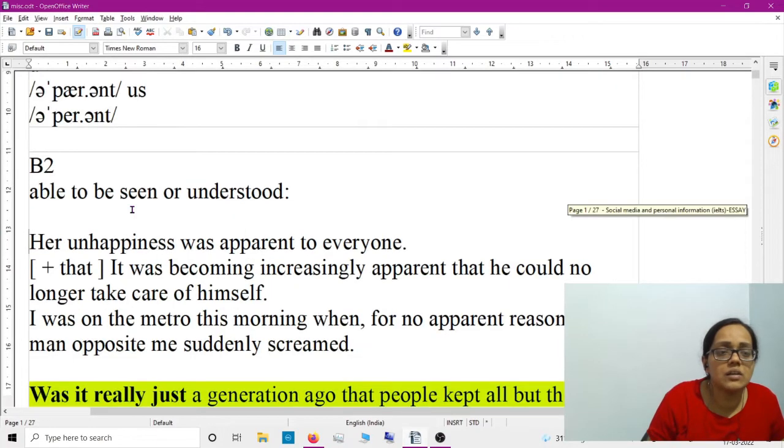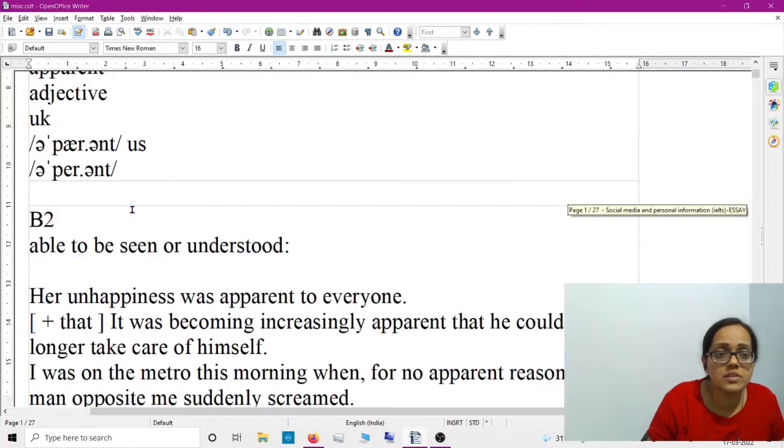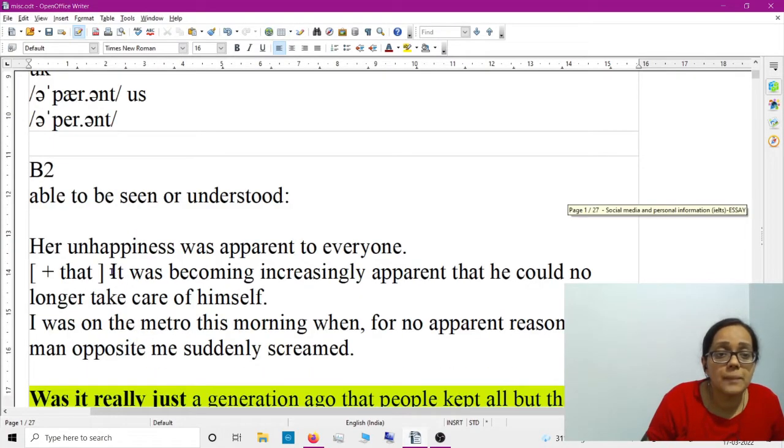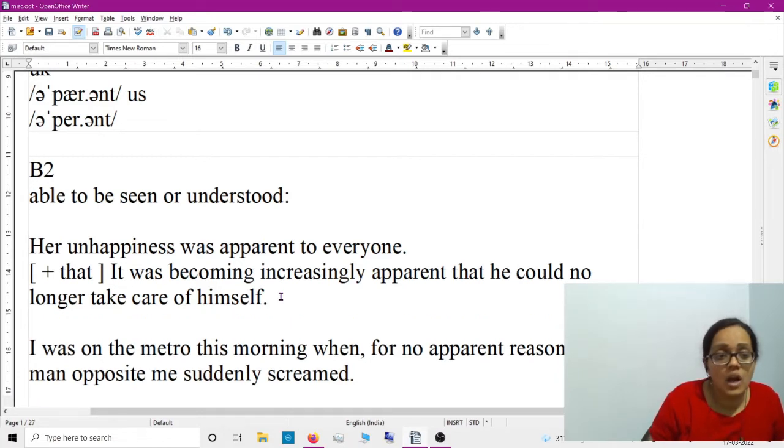Let's discuss this vocabulary first. It was becoming increasingly apparent that he could no longer take care of himself. I was on the metro this morning when, for no apparent reason, the man opposite me suddenly screamed.